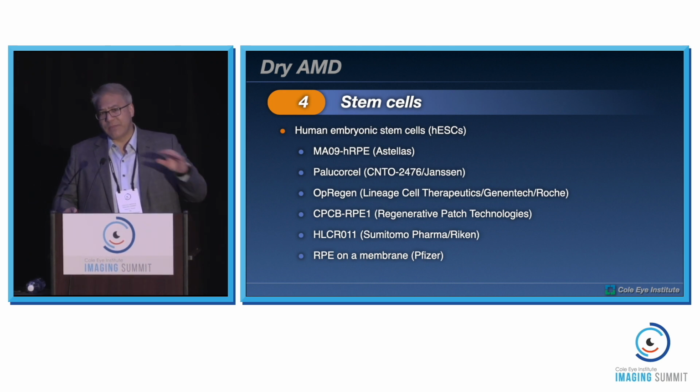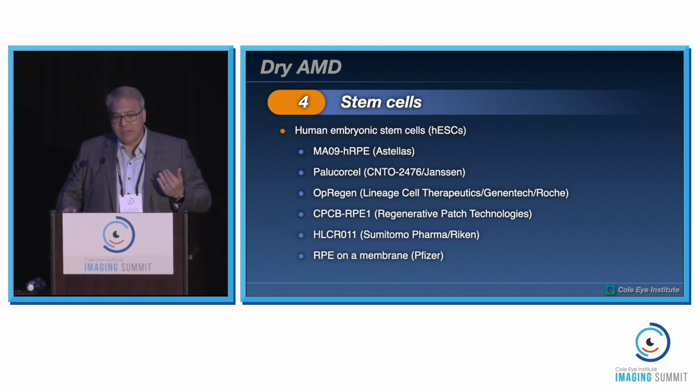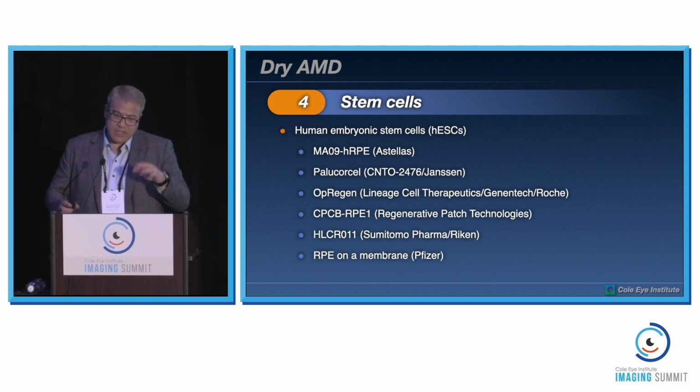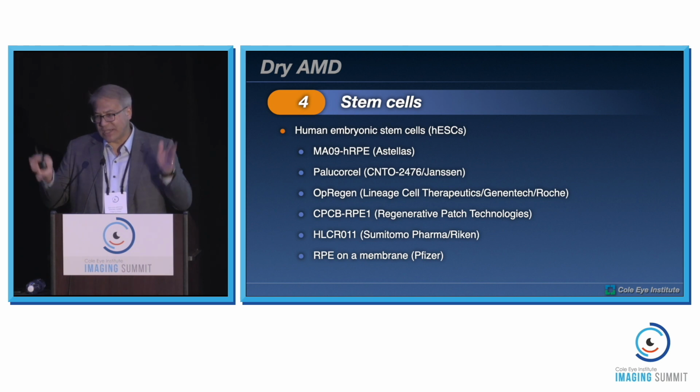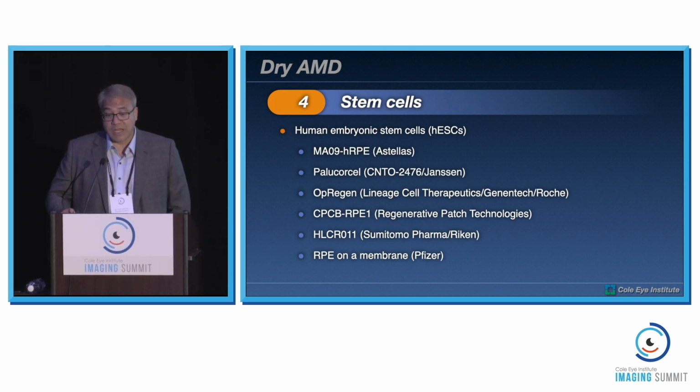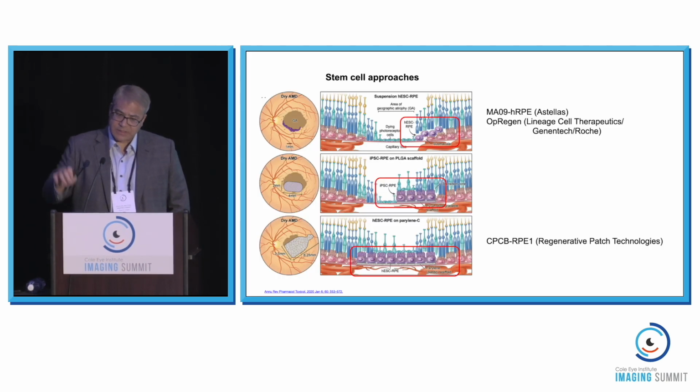Now, if you think about it for just a moment, the RPE is polarized. So if you're just going to put stem cells in there, who knows what it'll do if just injected into the subretinal space. We don't actually know how those cells will turn into RPE and hopefully maybe even photoreceptors over time. So one of the first generation, OpRegen, et cetera, and Astellas just injected stem cells into the subretinal space.